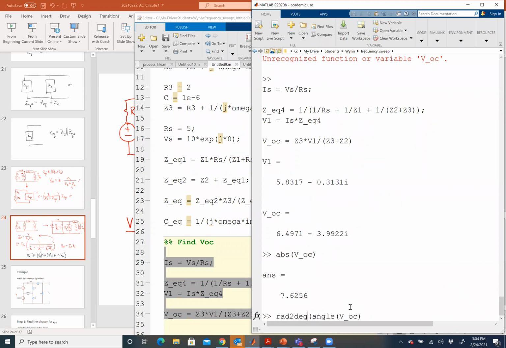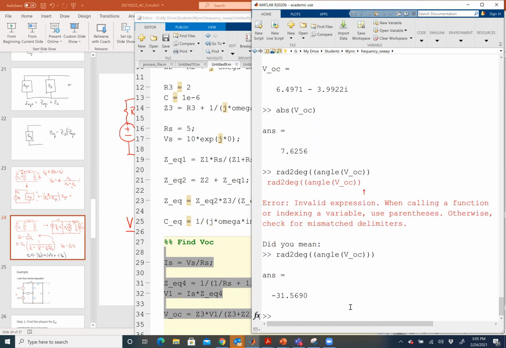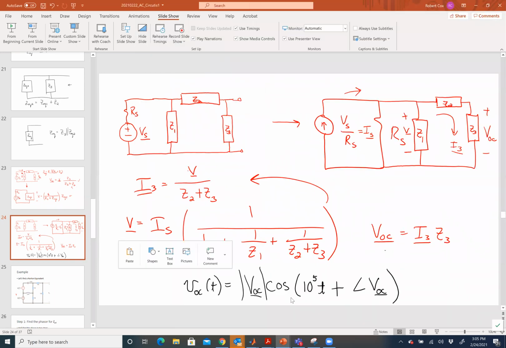I usually just multiply by 180 over pi, but yes, I did mean that. So negative 31.569 degrees. So I would say the amplitude here is 7.62, and this is negative 31.6 degrees. Okay.